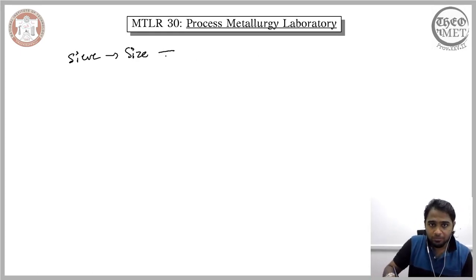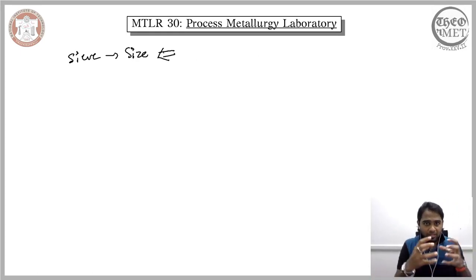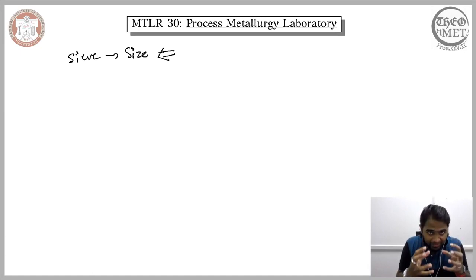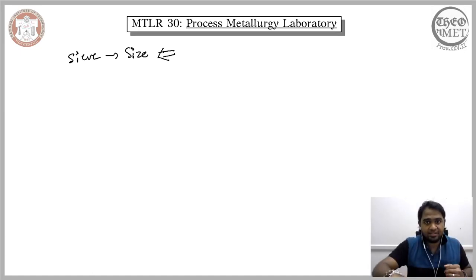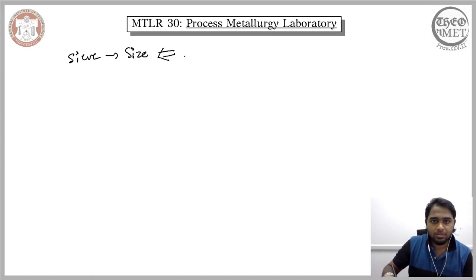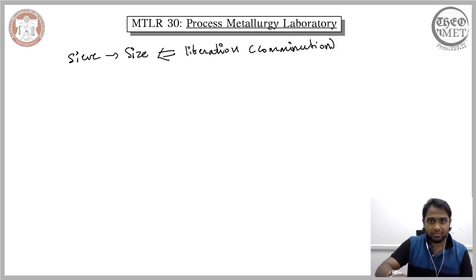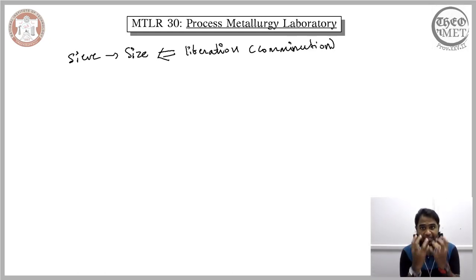So the input that we'll be analyzing using sieve analysis comes from liberation, and if you want to be specific about the technique, it comes from comminution. The yield that comes out of the comminution is what we will be feeding into the sieve analysis to see how fruitful the comminution has been.